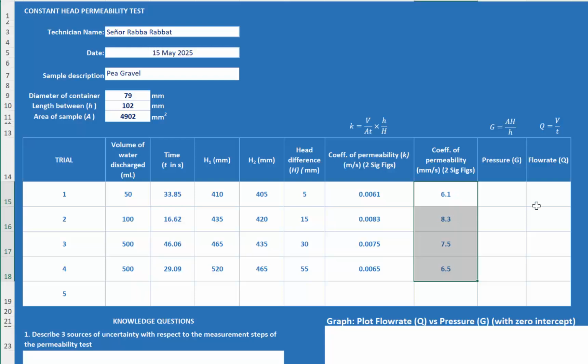Now to generate the graph with the variables as specified at the top of the columns there.